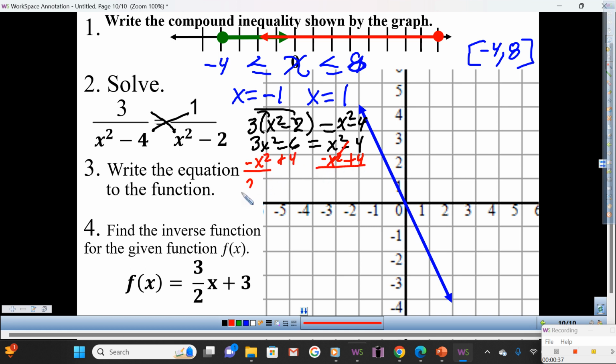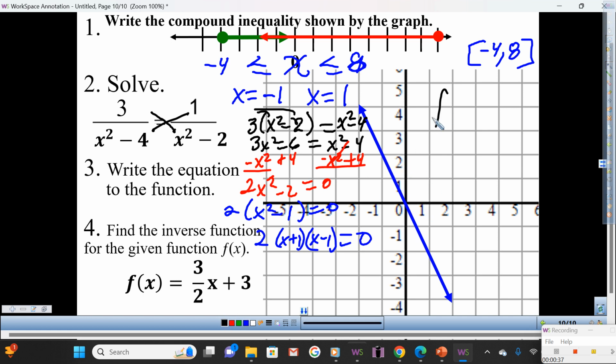We end up with 2x squared minus 2 equals 0. GCF for this one is 2. We're left with x squared minus 1 equal to 0. Then we got 2 parentheses equal to 0. X squared minus 1 is x plus 1, x minus 1. And then the rest is history, yes? Yes, Mr. Q.